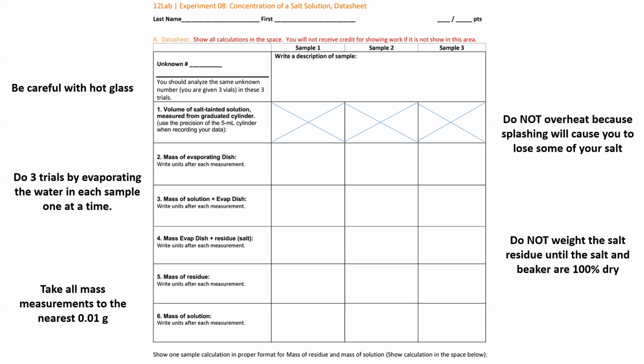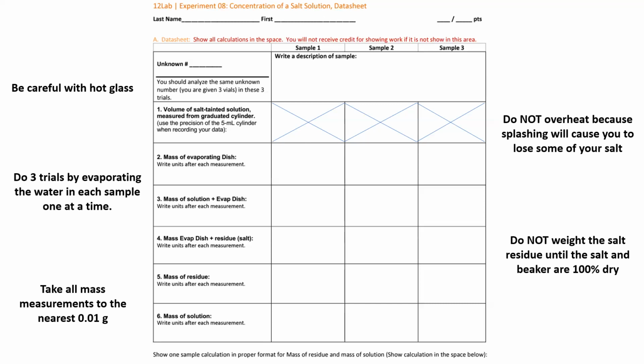Regardless of which one, make sure you measure the mass of that beaker or evaporating dish when it's completely dry. Remember that when you're using your digital scale, all of the numbers on the scale are significant. So make sure you're recording all of these measurements to the nearest hundredth of a gram.